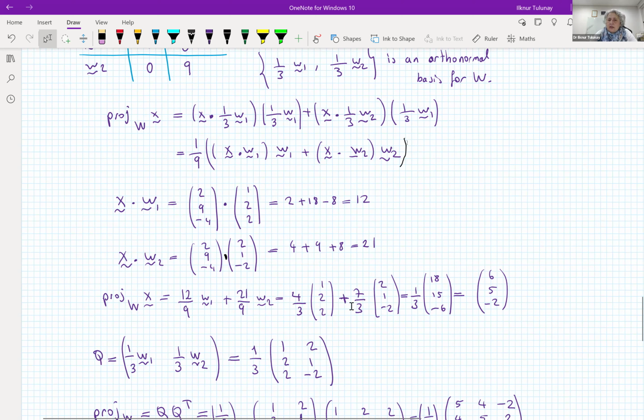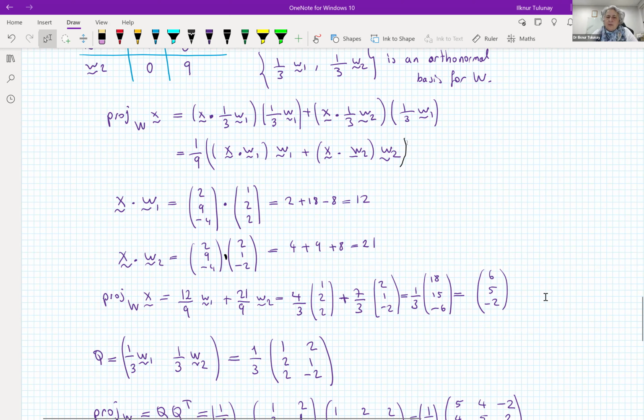And then we add these two, and we will be able to get this vector multiplied by 1/3, we will get this vector 6, 5, minus 3. So that is the projected vector of X on W. So this vector is in the vector space W.